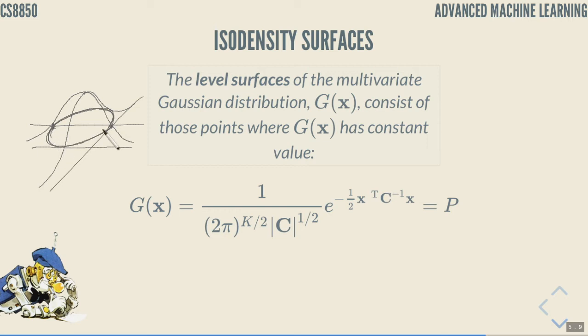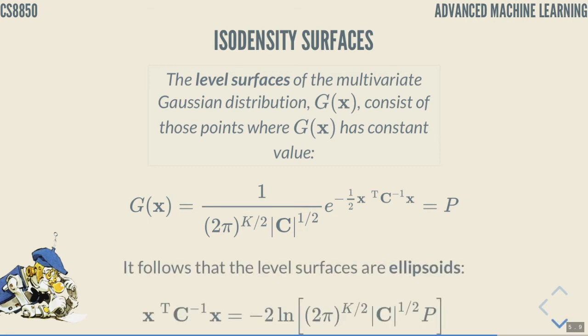And we'll see if we just put a level surface or level plane that there will be many points that will have the same probability density value, or the same value of the Gaussian distribution.